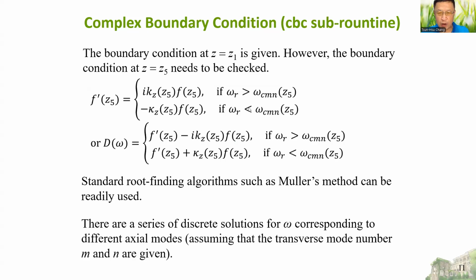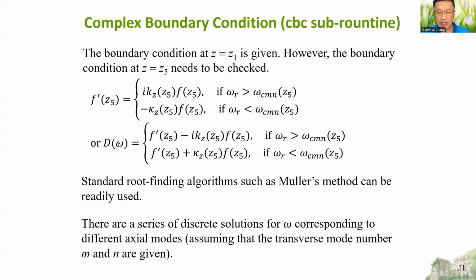At the right-hand side, actually we have two equations, above cutoff and below cutoff. For the current structure, it's above the cutoff. So we use this one. Okay? And we can move to the left.